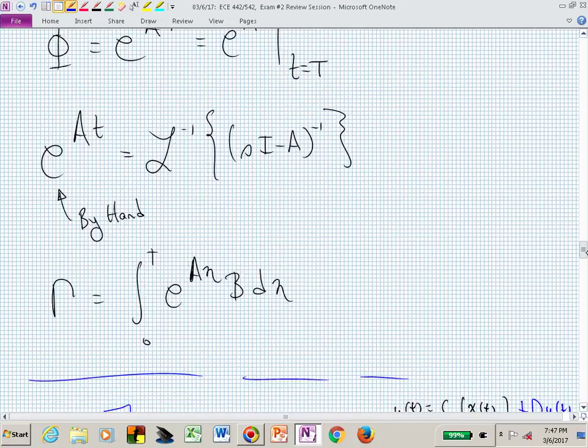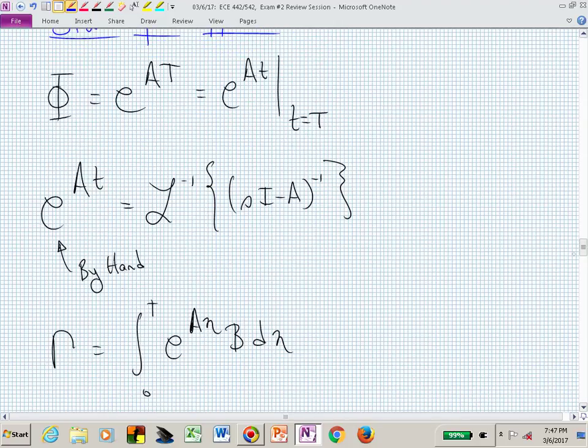That would allow us now to use the A and the B to find phi and gamma and H and J, the output equation.